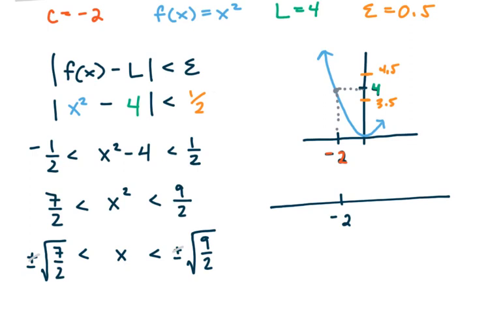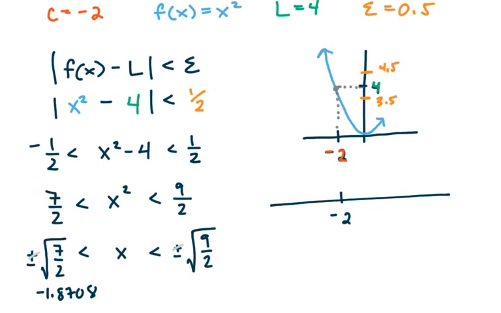So what are those approximate values? If I were to plug in the square root of 7/2, 3.5, into my calculator, I get -1.8708. And 9/2, 4.5, the square root of that gives me -2.1213.